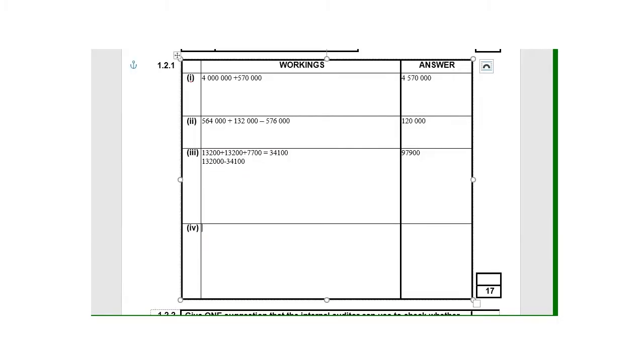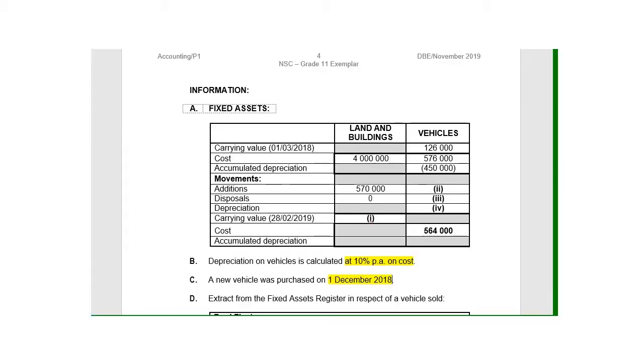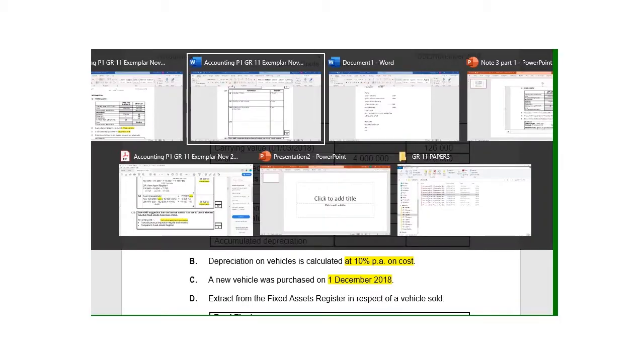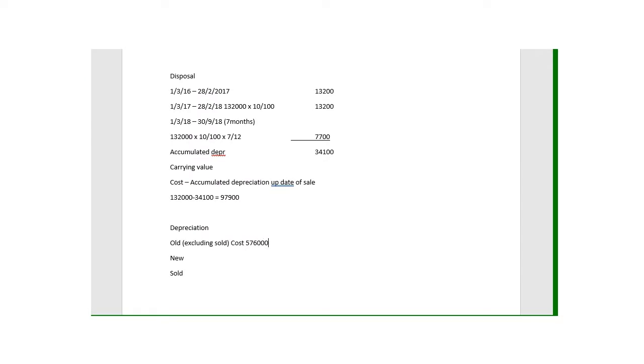But in this case, opening cost was 576,000 minus the cost of the item sold. Cost of the item sold, I just used it up there, was 132,000. And that would give me the cost excluding sold.